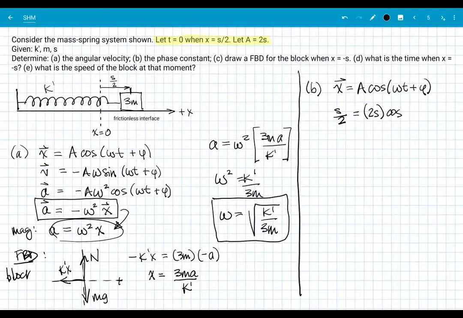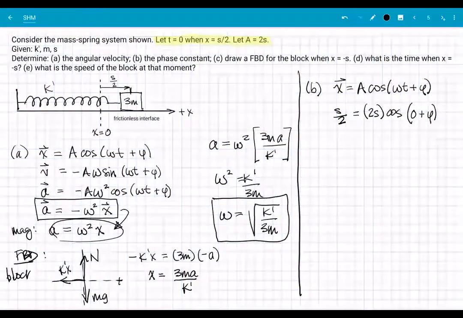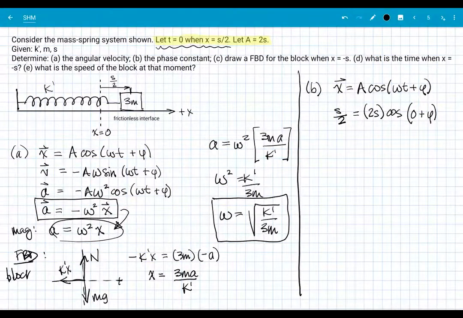Cosine. Now, we're told that t equals 0, so that's going to be 0 for this term, when x equals s over 2. That's why I put 0 in for the omega t term, right? Because right up here, let t equal 0 and x equals s over 2.